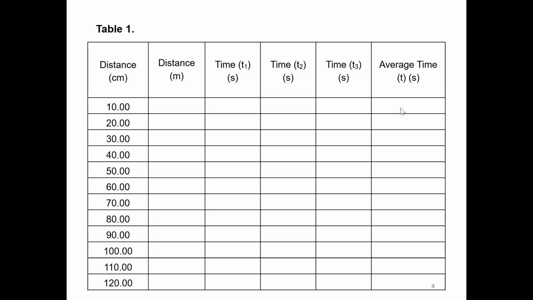And finally, you had to calculate the average time. You had to add these three times and divide by three. I think this is all you had to know about the table. Remember, this is only part of the table.